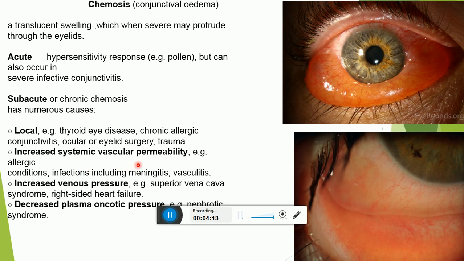It occurs in allergic conditions, also in infections such as meningitis, and vasculitis. Another cause of chemosis is increased venous pressure. It occurs in superior vena cava syndrome and right-sided heart failure. Another cause of chemosis is decreased plasma oncotic pressure, for example in nephrotic syndrome.